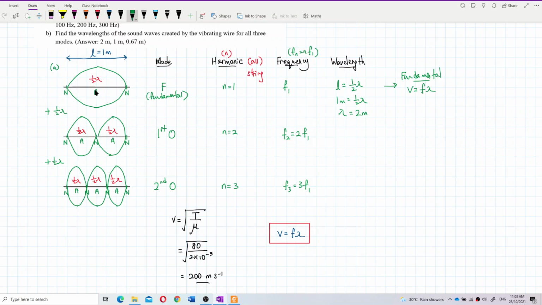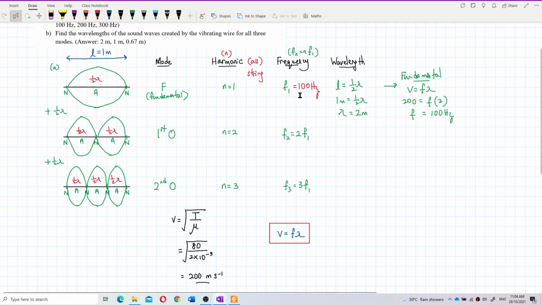The V is 200, which I got from this calculation, and my lambda is 2 meter. So my frequency will be 100 hertz. My fundamental mode frequency is 100 hertz. Understand?